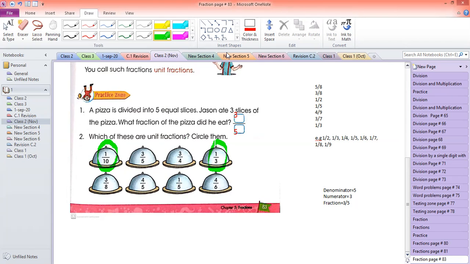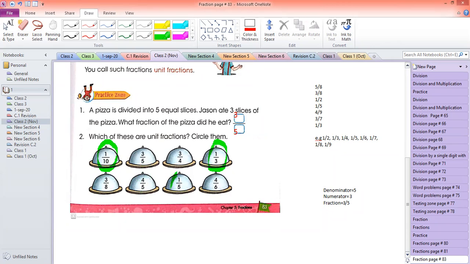After 1 over 3, which is the unit fraction? It is 1 over 5. So the answer is 1/5. 3 over 8, you have 3 in the numerator, so it is not a unit fraction. 4 over 5, it has 4 in the numerator, so it is not a unit fraction.